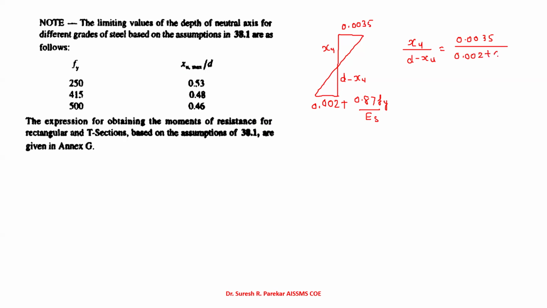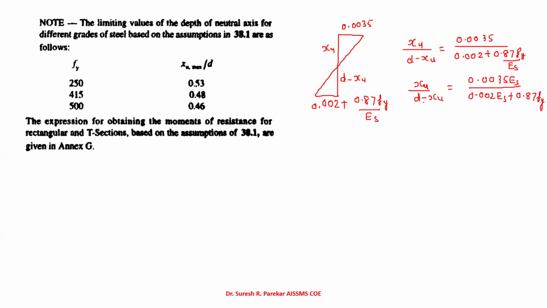0.002 plus 0.87 Fy upon ES. Now if we take ES up, then we have XU upon D minus XU equal to 0.0035 into ES divided by 0.002 into ES plus 0.87 Fy.